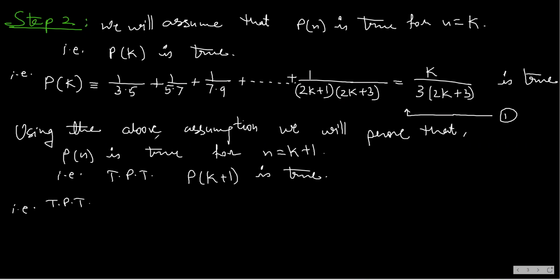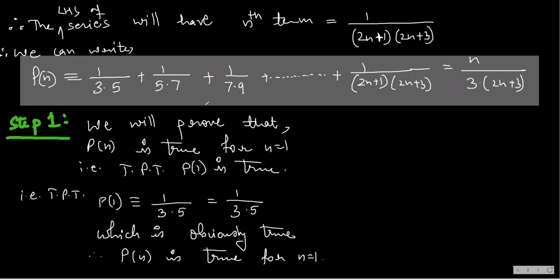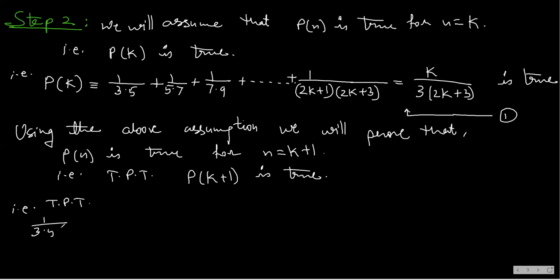Now see, in the proposition you have, you will put n as k plus 1. So what will that series be in such a case? That is to prove that 1 upon 3 into 5 plus 1 upon 5 into 7 plus 1 upon 7 into 9 plus 1 upon 9 into 11 and so on.